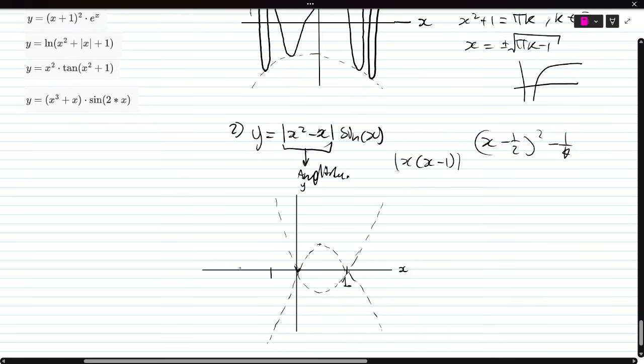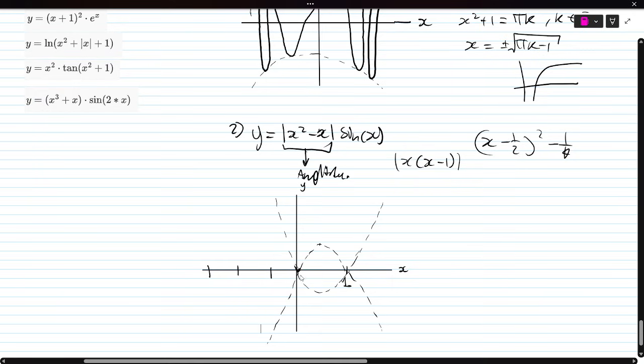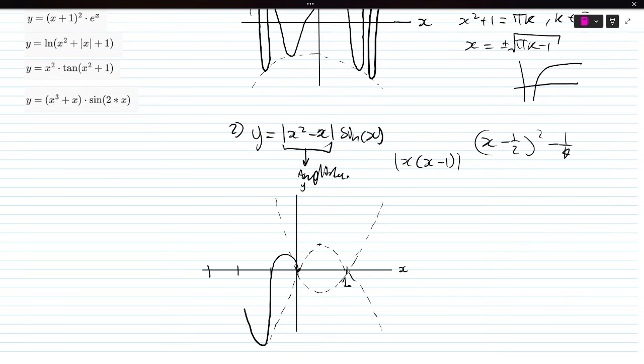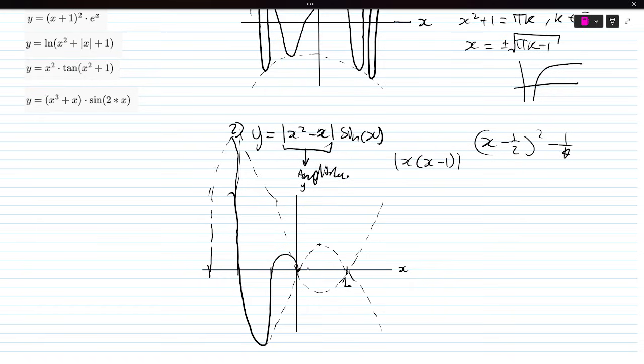I'm going to make sure my periods are spaced out evenly. Terrible sketch. And let's say it comes back here. And here would touch this, roughly something like this.